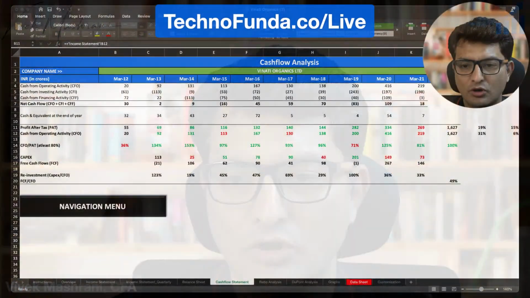Tirthesh Shah is asking, can you explain CFO to PAT? So CFO to PAT is basically the conversion. Your PAT is based on the accrual principle. Let me share the screen and you'll know what I'm talking about.